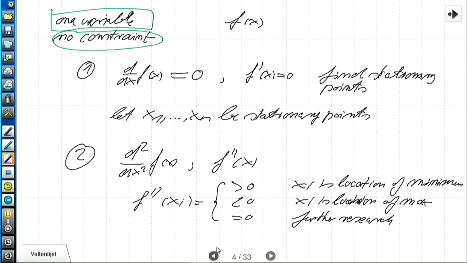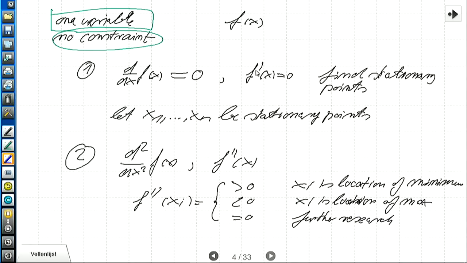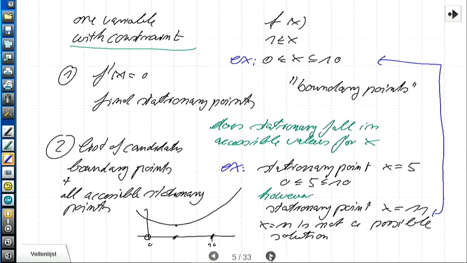So this is where we start. We now almost close the one variable section. The first step is one variable, no constraint, and that is just the classical way: derivative, stationary points, second order derivative, check the nature of the point, done. That's almost autopilot. If there are constraints, we have to think more.